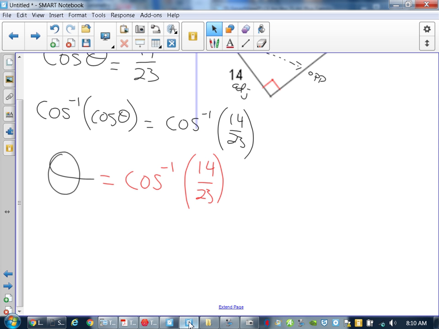Only use trig inverse to find theta. That is the only time you use it. Otherwise, if you start using it to find side lengths, more often than not, you're going to get errors or just a completely incorrect value. Okay?